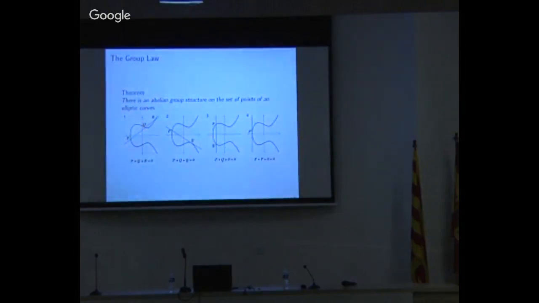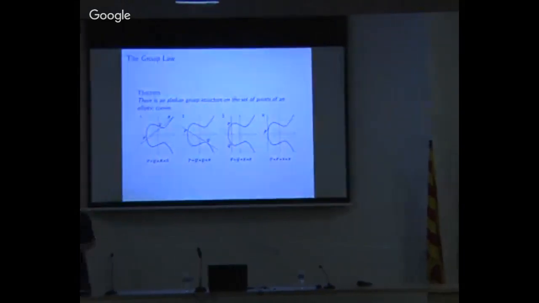So we have the curve, we intersect it with a line, and the sum of these P, Q, and R must be 0. So this rule defines a group structure on the curve. In particular, in this case here, this is a tangent line. So we count the point P twice, and the third point is the point at infinity, which is the identity. So this means that P plus P equals 0. So this point here is a point of 2-torsion.